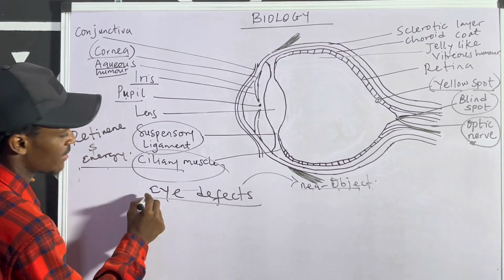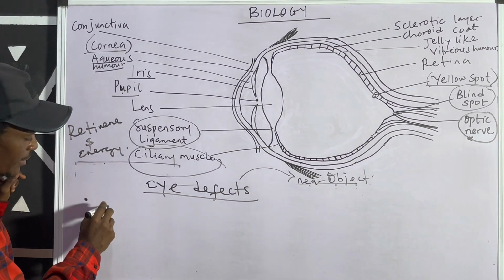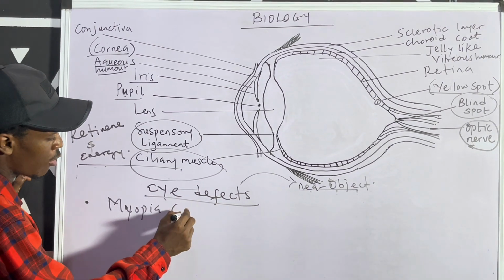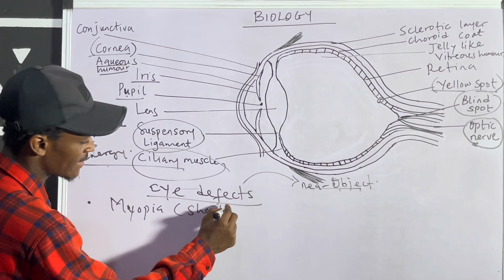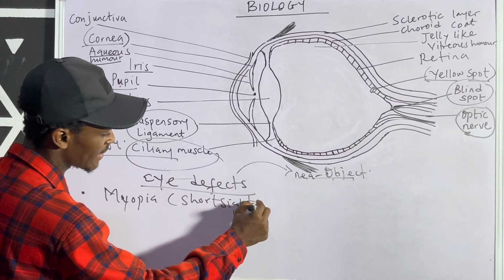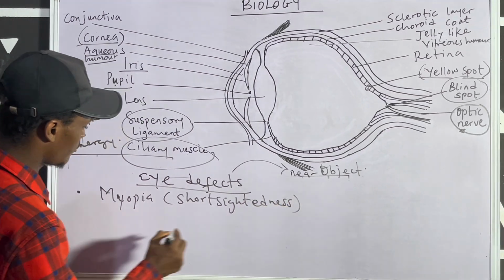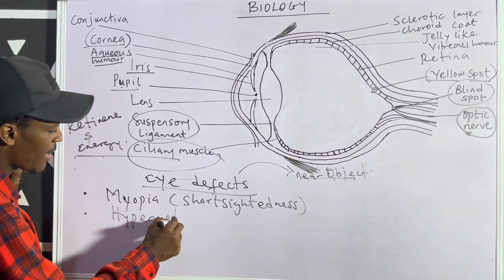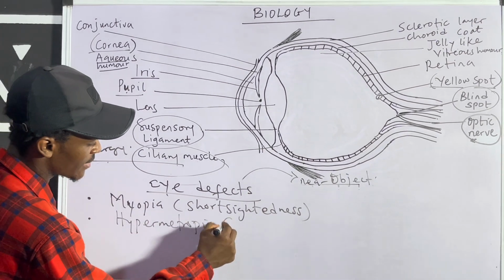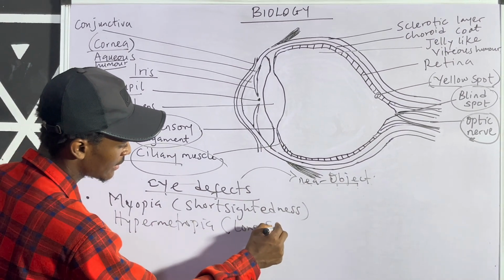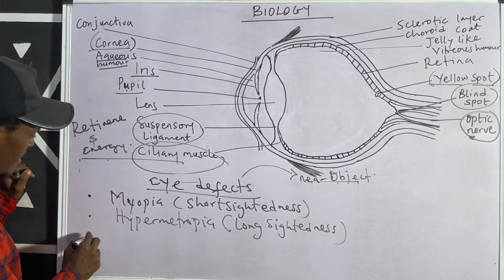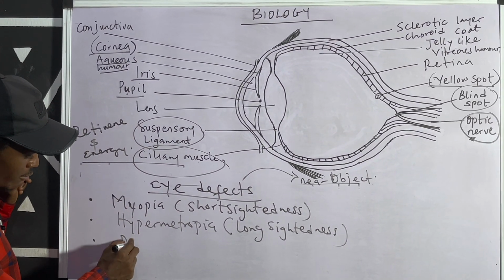Now we have the first to be myopia, which is also called short-sightedness. Then we have hypermetropia, which is also known as long-sightedness.